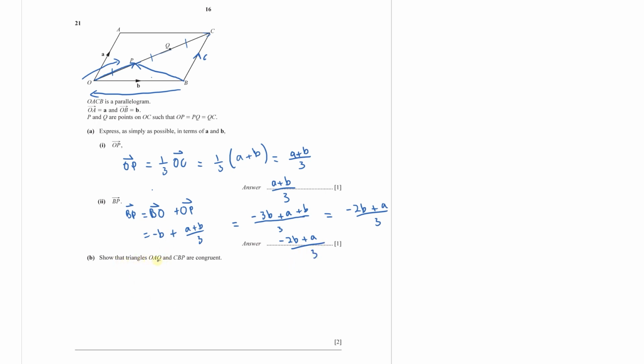Show that the triangles OAQ and CBP are congruent. So let me erase this and mark the triangles. So the first one is OAQ.